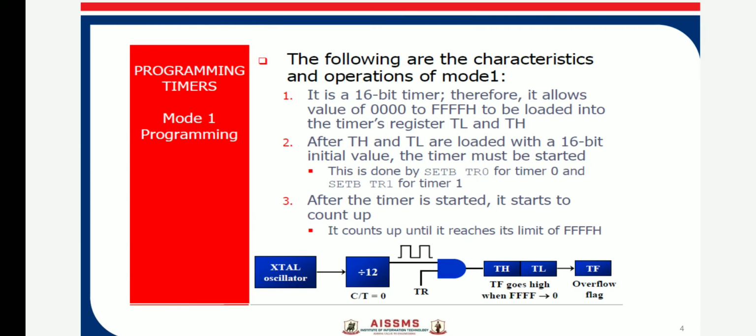In the rollover condition, the TF flag is set to 1, which indicates that our timer has completed one round from 0000 to FFFF. Once this flag is set, then we have to stop the timer.